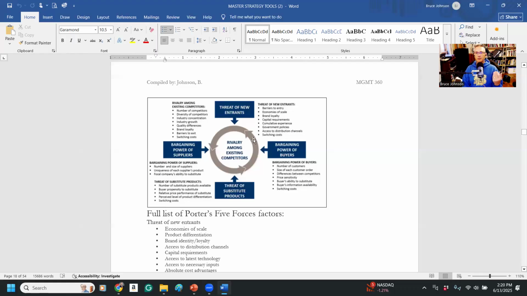So, what I want you to deduce is there might be some non-trad students in here, but for most of us that would be 20-something years old, understanding Porter's five forces can be a bit of a challenge because you're not in the environment where your paycheck's kind of dependent. If you're running a company, your paycheck's dependent on understanding these forces.